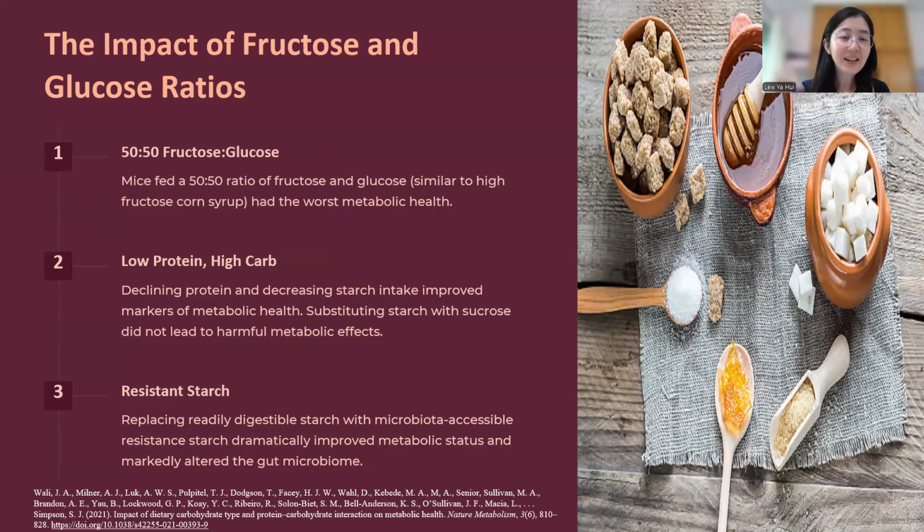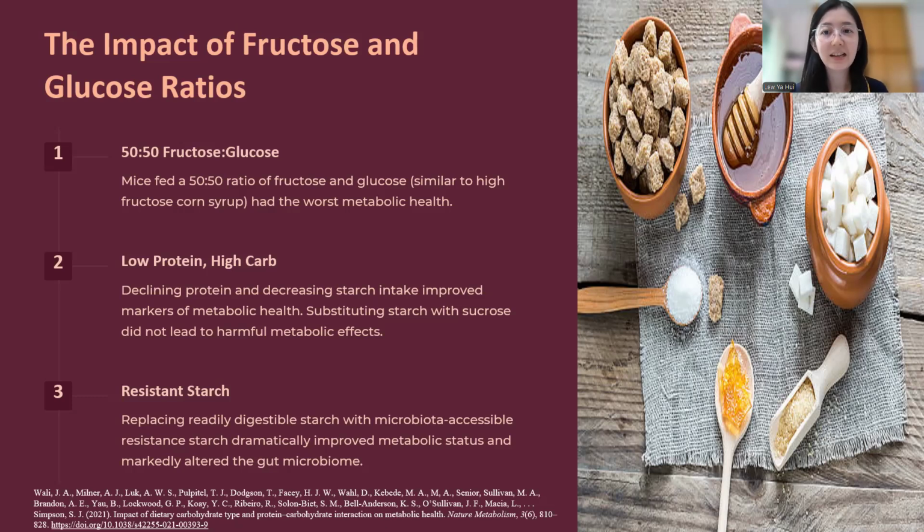A very interesting experiment was done with mice. They were fed different diets with different amounts of fructose and glucose. The mice fed 50 percent fructose and 50 percent glucose, which is the same ratio as high fructose corn syrup, had the worst metabolic health.